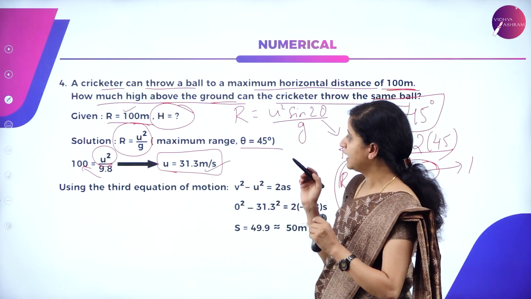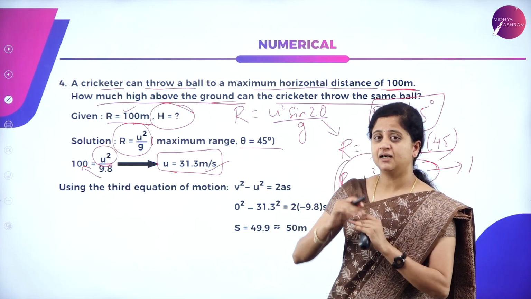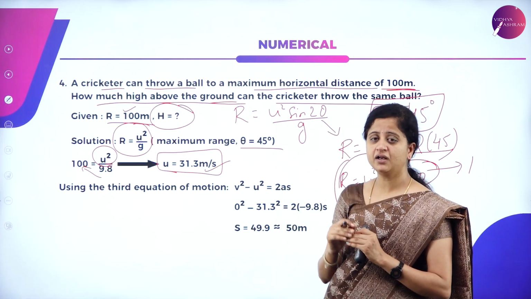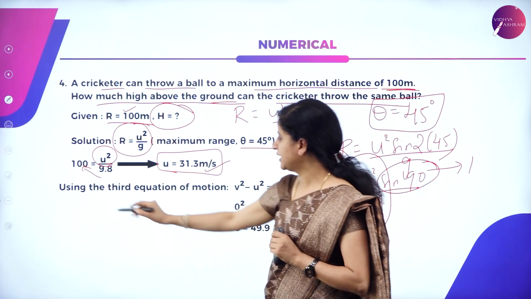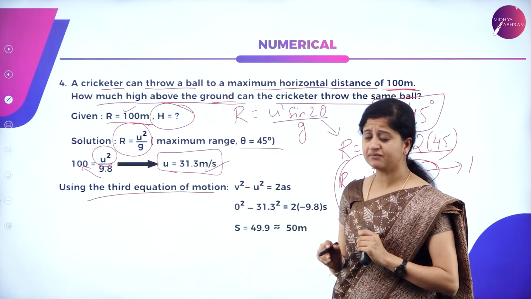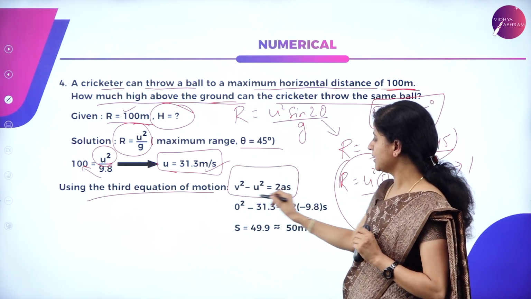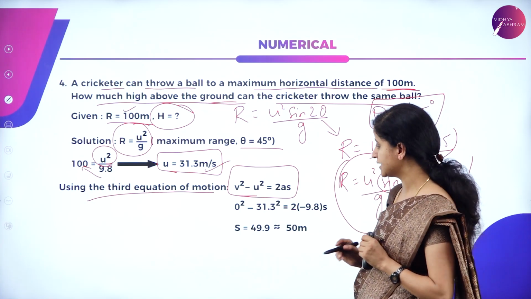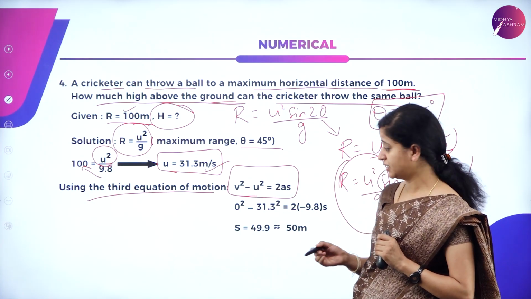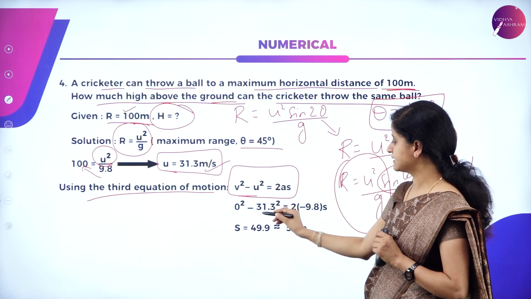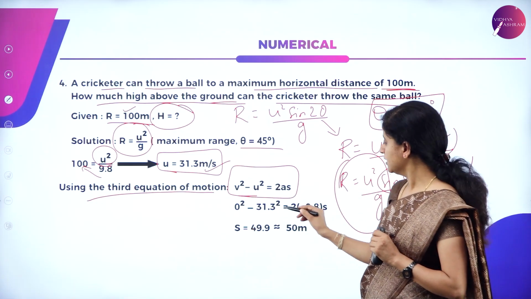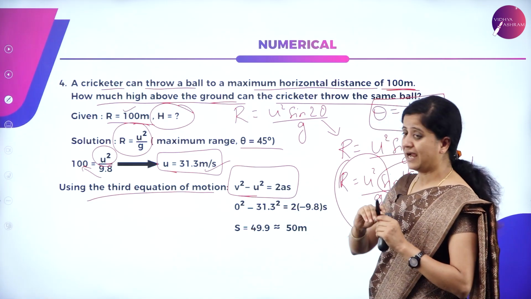Now they have even asked us to find the displacement of the ball or the maximum height. So we can use the third equation of motion, that is v square minus u square is equal to 2as. Here final velocity is not given and the initial velocity is 31.3, the whole square, which is equal to 2 into acceleration.